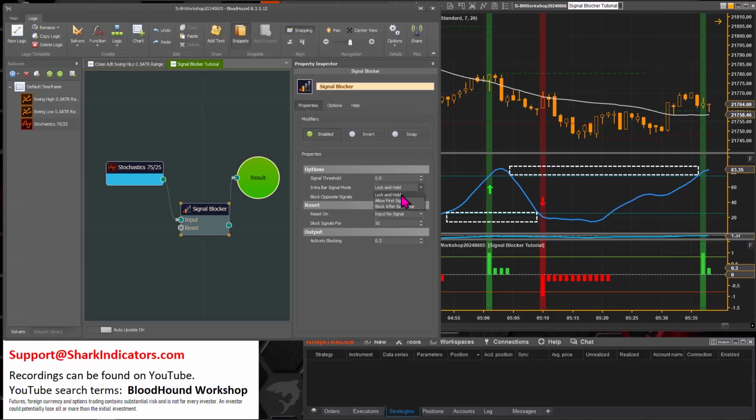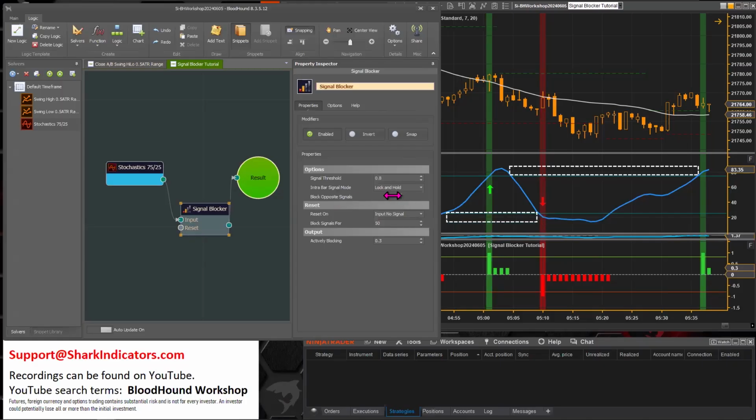So the first one, lock and hold. We believe this is probably going to be the default one that most people are going to use. Lock and hold means when the first signal comes in as the bar is forming, lock onto that signal and hold it, and then the signal blocker actively blocks.